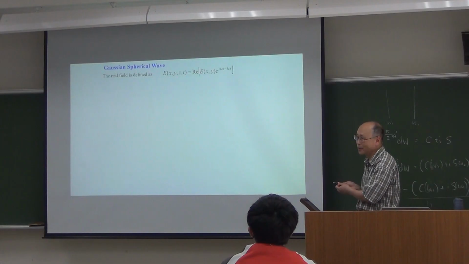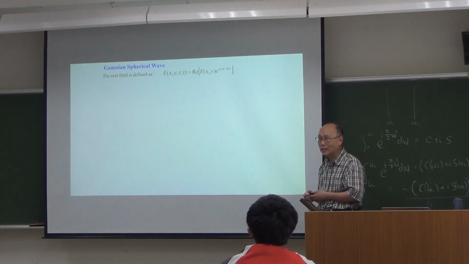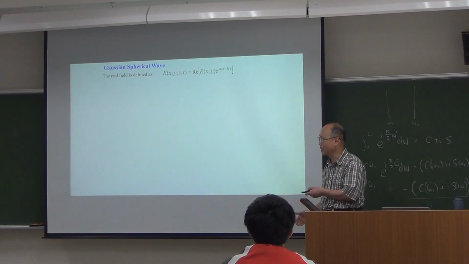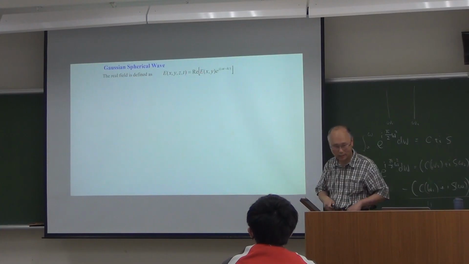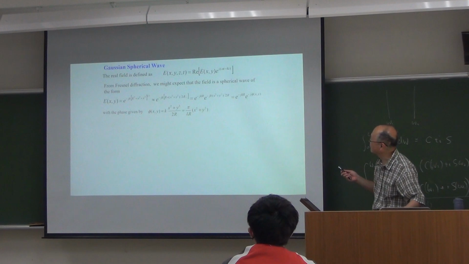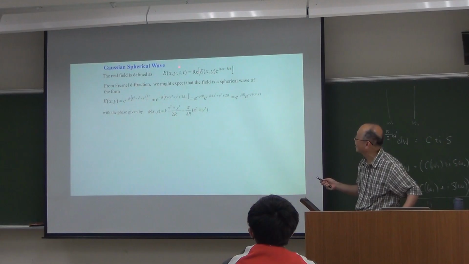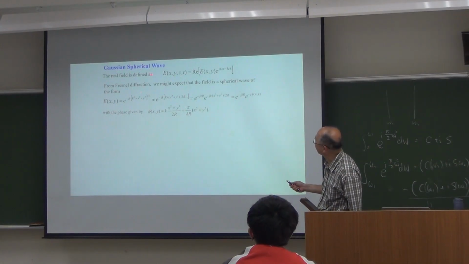When you compare a Gaussian laser beam with a plane wave, the major difference is that you have a finite cross-sectional area, right? So we'll be looking for a solution like this. There's a propagation along the z direction, and then there's a finite cross-sectional area. From the Fourier diffraction, you expect this xy dependence to be like this.